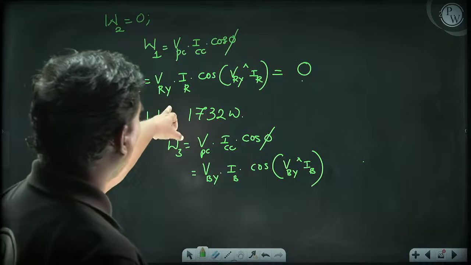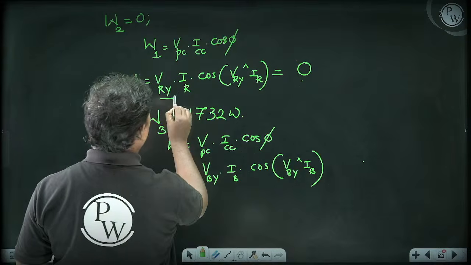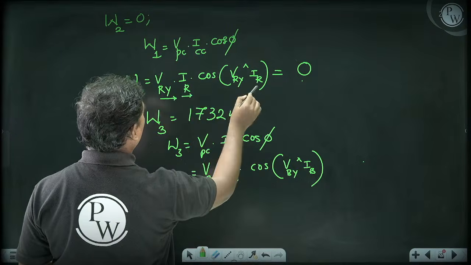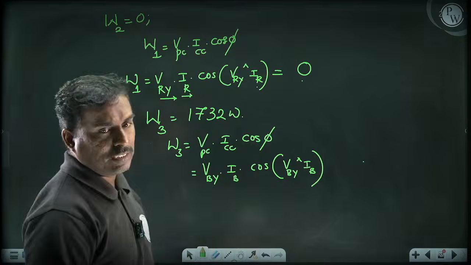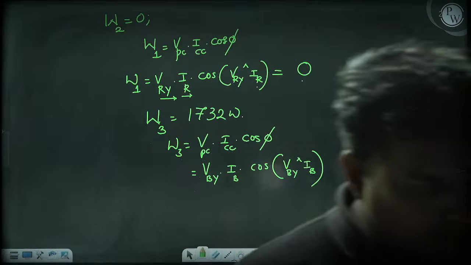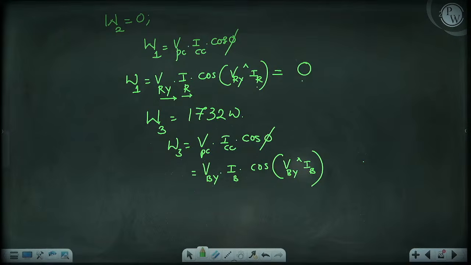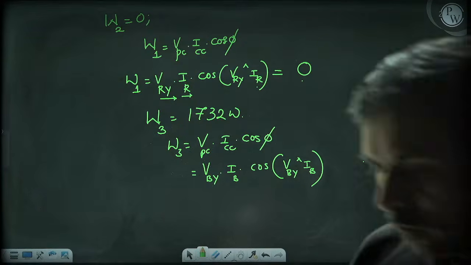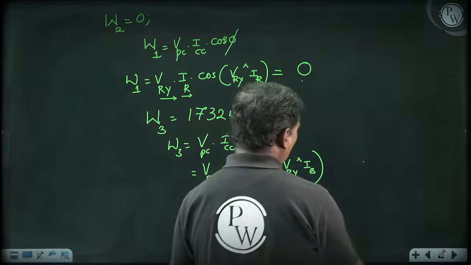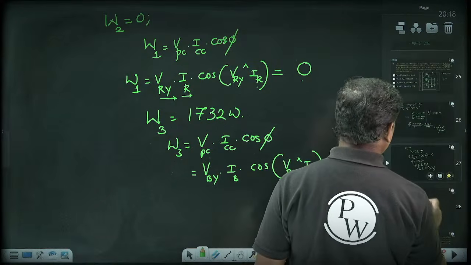See this angle here, the angle between VR and IR. If you check the VR and IR, that angle. See, you have to go for the phasor diagram. With the phasor diagrams, you can go for it. See here.